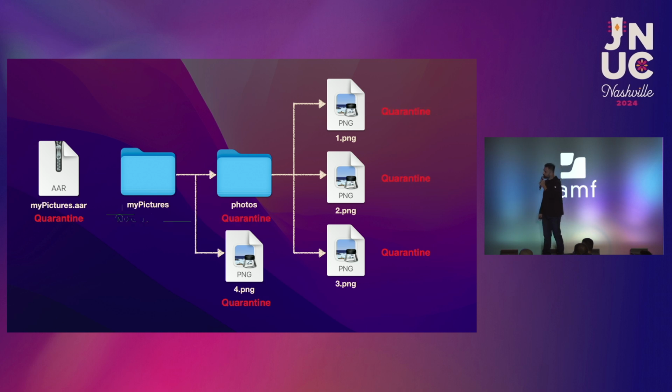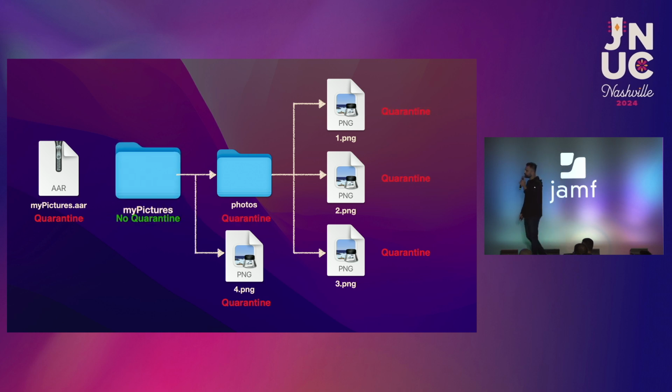We see the quarantine attribute being applied to almost all the items, except two things happen here. There's a new folder called My Pictures that we never added in the original archive and never created. And this folder doesn't have a quarantine attribute applied to it.